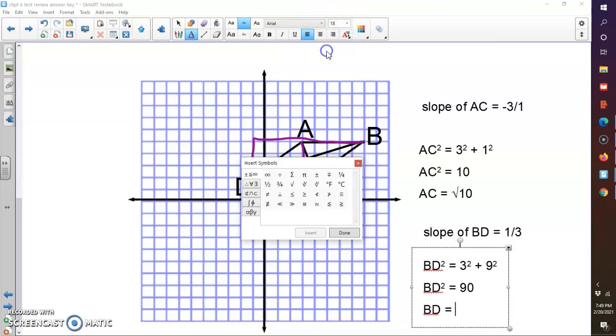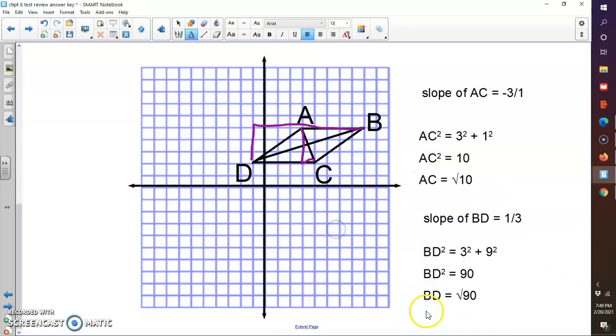Now obviously root 90 and root 10 are different numbers, so therefore they're not equal. Therefore this figure is a rhombus. And that's how we determine rhombus or rectangle or square based off the graph.